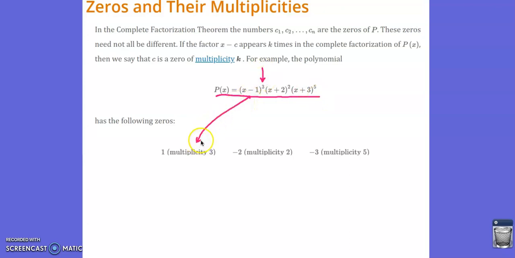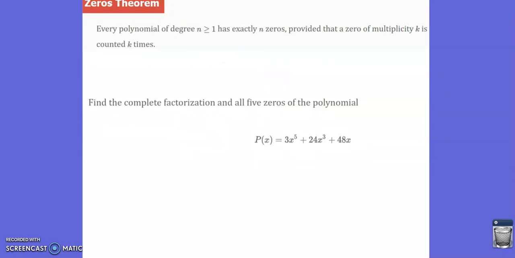So this is x minus 1 equals 0. So the 0 is 1, and it's happening 3 times. Multiplicity of 3. This is negative 2, but multiplicity of 2. And this is the 0 is negative 3, but it's multiplicity of 5. So it's a complete factorization of it, and it has the following zeros with multiplicity. So I just want to remind you about that, and then let's look at the zeros theorem.